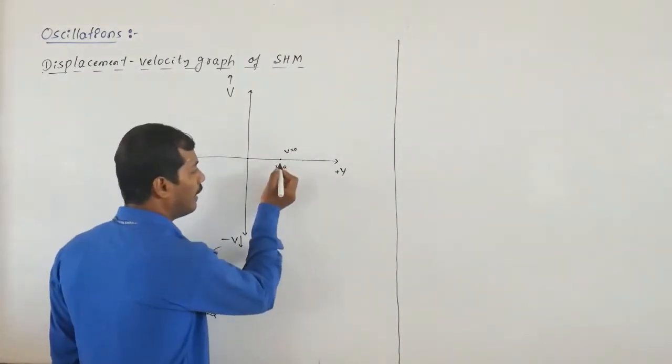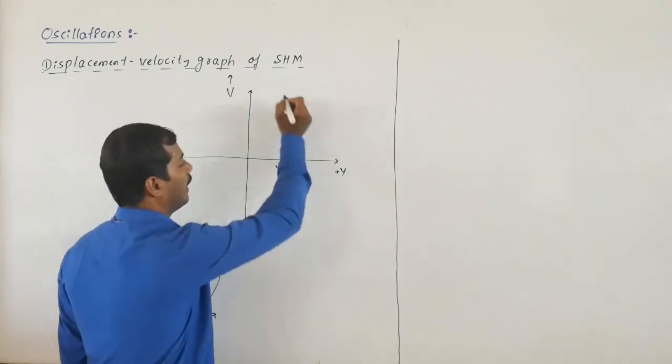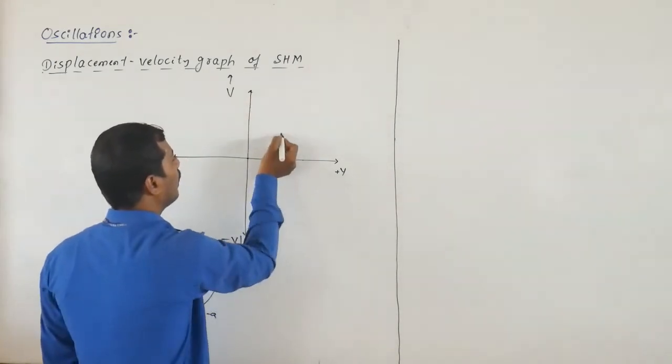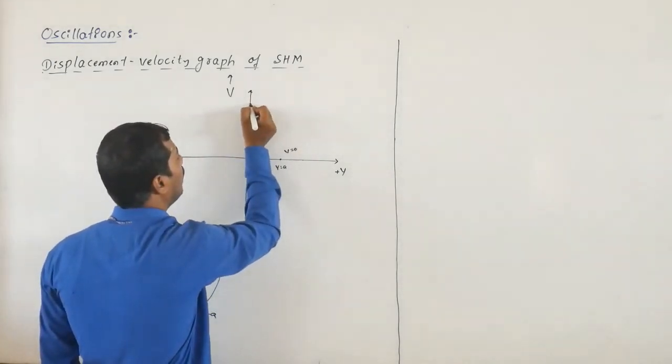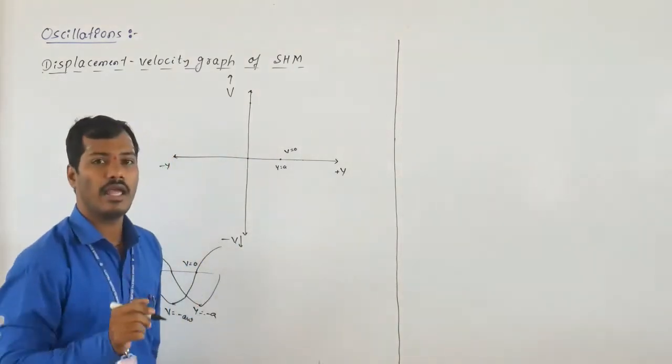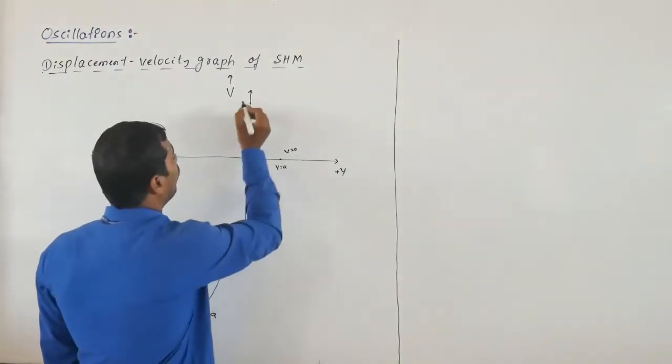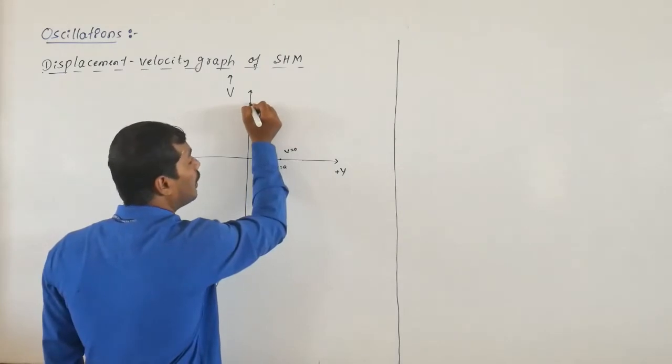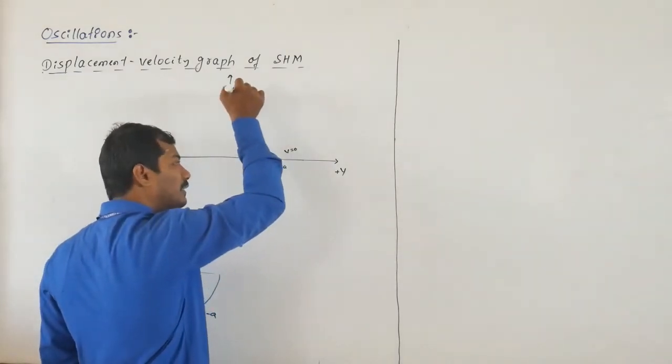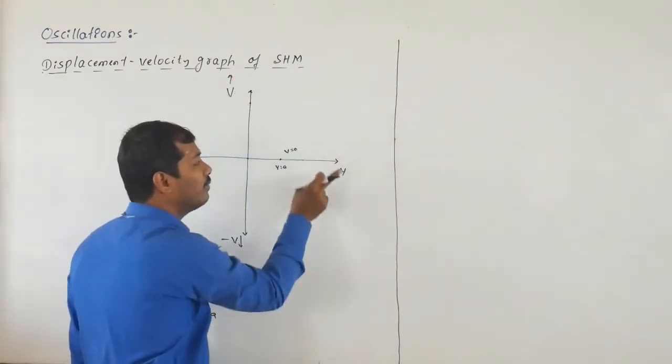And the particle starts to rotate like this in the anti-clockwise direction. It is moving like this, and at this position the y component is there, but the x component is 0. The x component is nothing but the displacement.